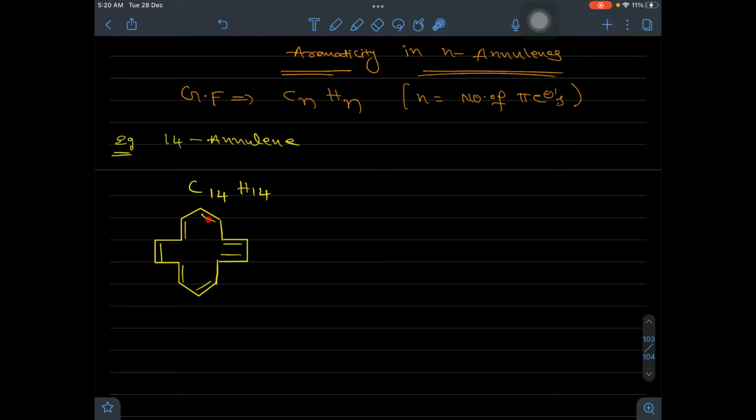Total 7 pi bonds are there: 1, 2, 3, 4, 5, 6, 7. 7 means 14 pi electrons. 14 pi electrons will be called an aromatic substance.